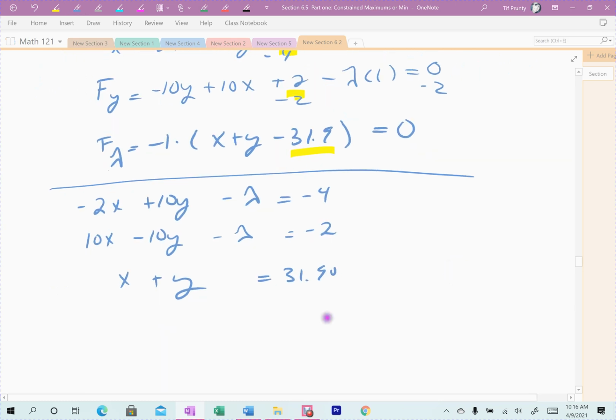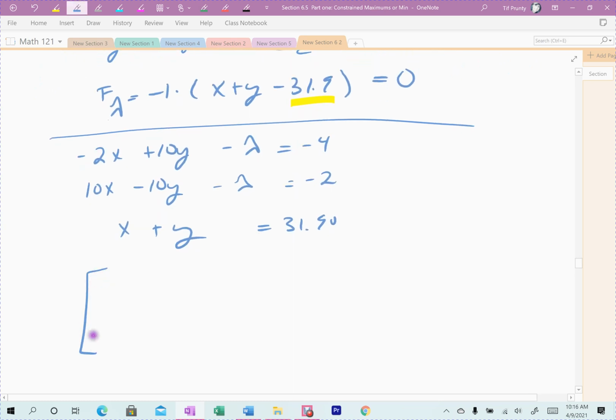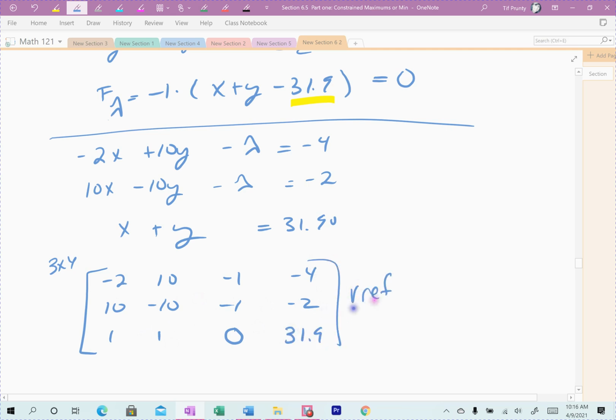All right, so there, set it up first. Make sure you do that so that you plug it into the matrix correctly. Remember, it's a 3x4 matrix. Negative 2, 10, negative 1, negative 4 across the top. Positive 10, negative 10, negative 1, negative 2 in the second line. 1, 1, 0, 31.9. All right, RREF. And it should give you out that nice, neat matrix with your x, y, and lambda, which again, we don't do anything with lambda but find it.